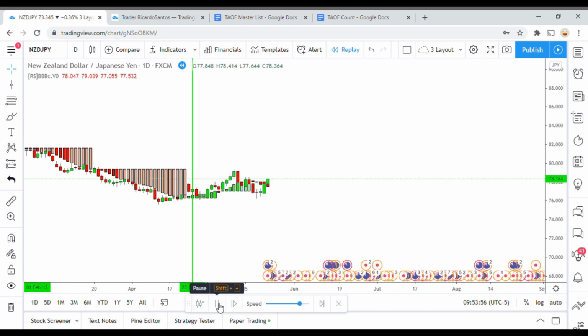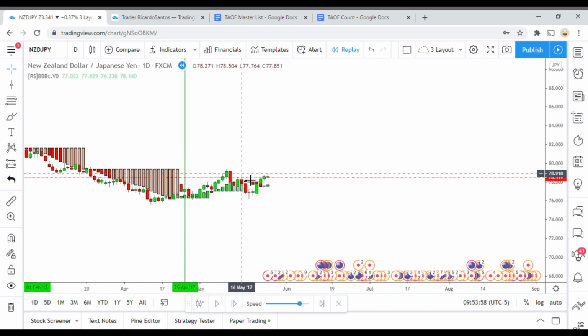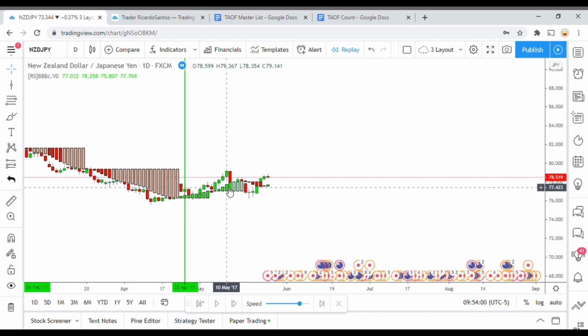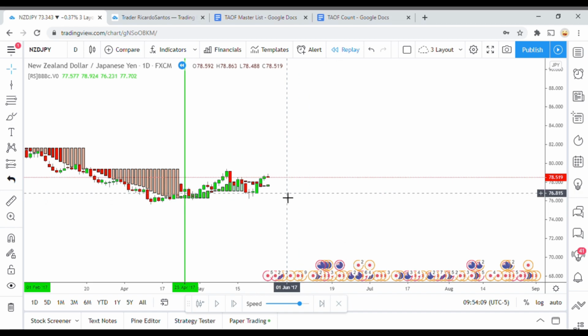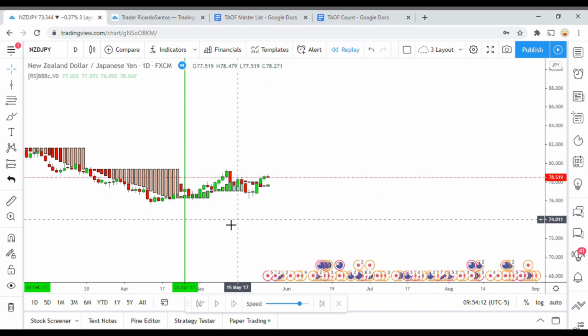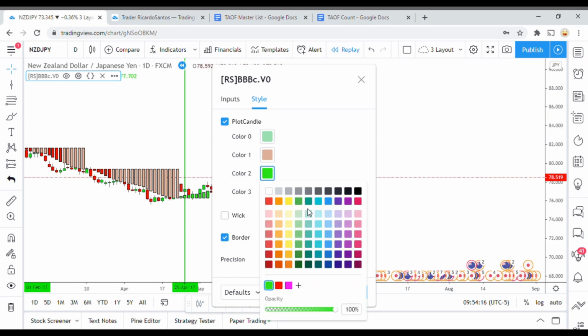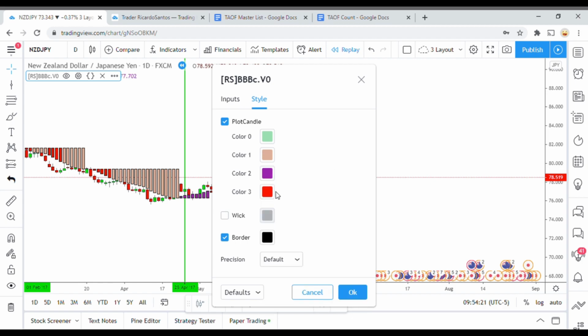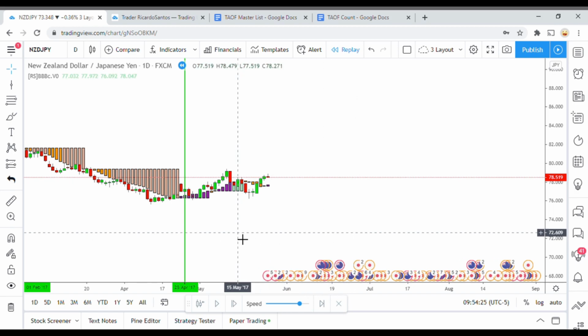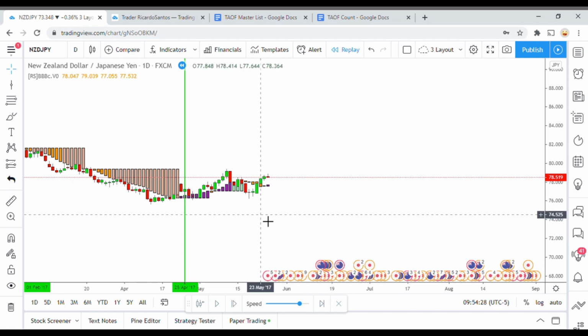And you can see how, again, price action being right on top of this makes it really hard to see what's happening. A lot of these bars are just kind of blending together. And this is where I was looking at possibly trying to change the colors to something a little bit more distinct.